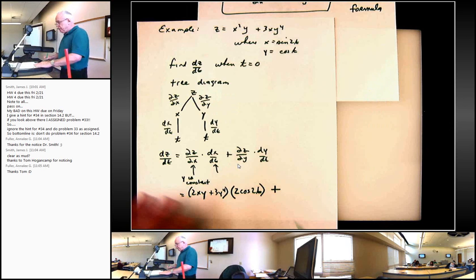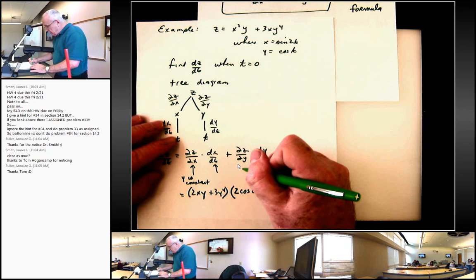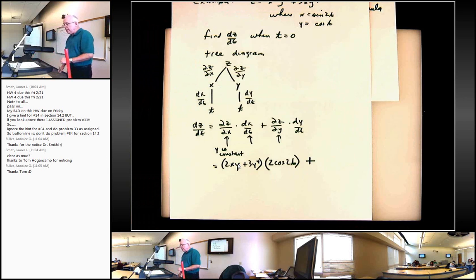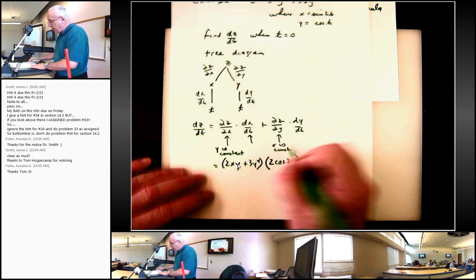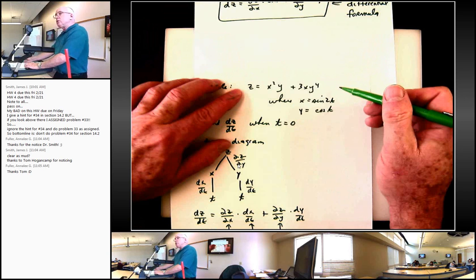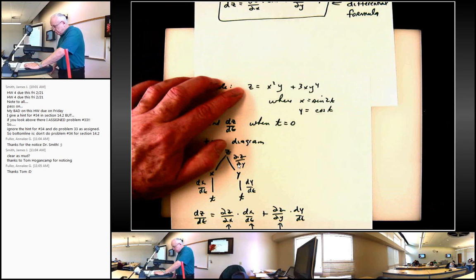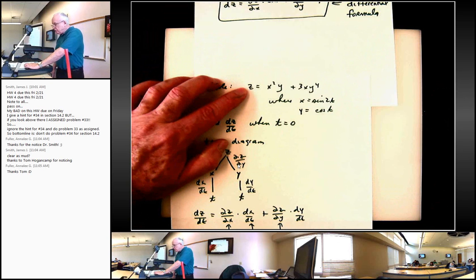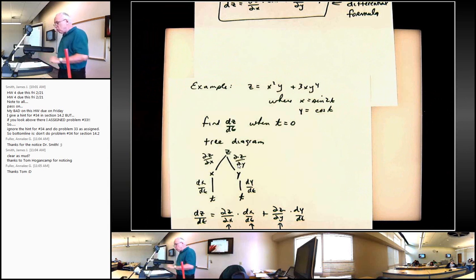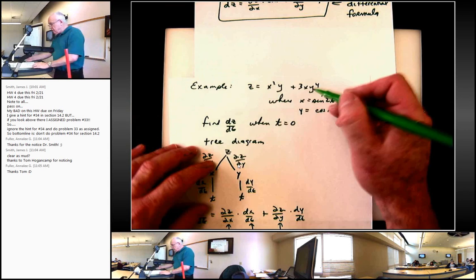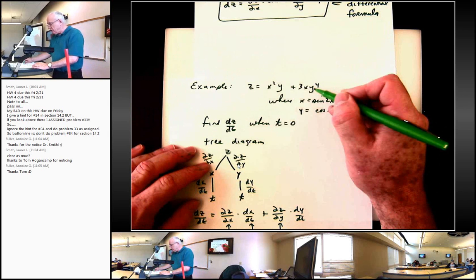Plus, and now we have to get ∂z/∂y, and so for that one, x is constant. So let's go up here to our original function, and I think we're just going to get x squared for the first term. The y will go to a 1, and then x is constant.